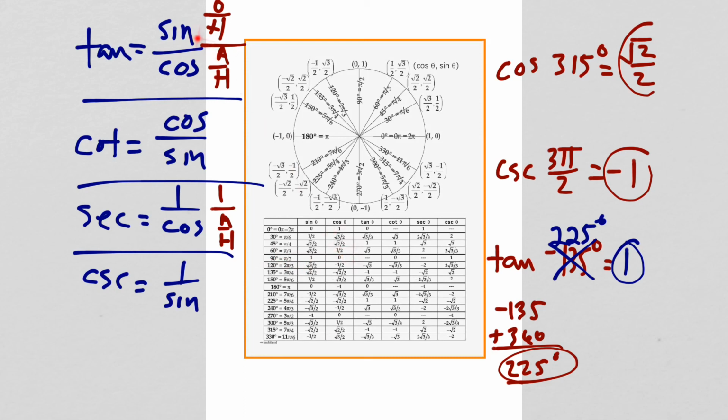When you set up a fraction of 1 over 0, that's not possible. So that's where the 3 lines just means undefined. So that's the breakdown of this week of what we're going to be looking at: finding exact values, finding radians, finding degrees, and converting between the two of them.